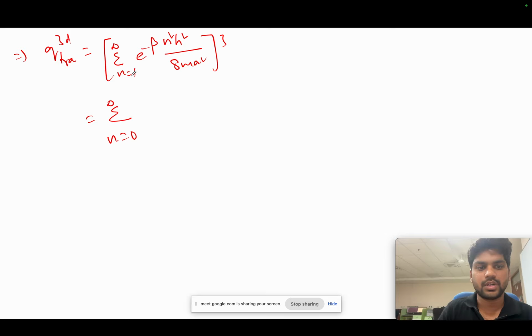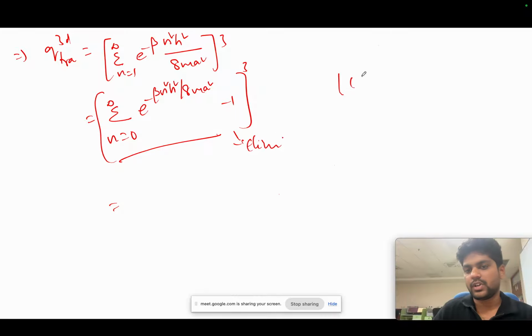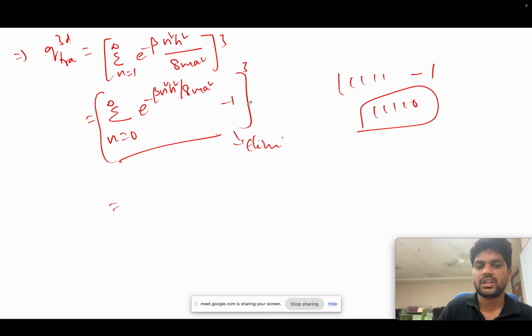We know that at 0 it is e power 0, which is nothing but 1, so we are subtracting that term here. This number will be very huge compared to this, so that's why this will be eliminated. Why we have done this step is to get from 0 to infinity, so that we can integrate this term.